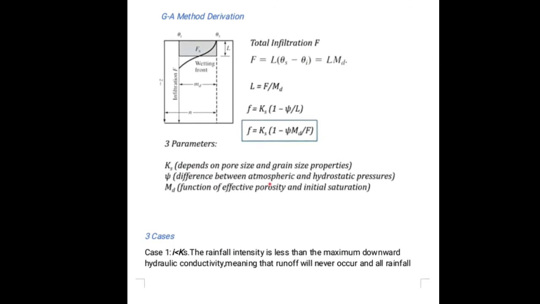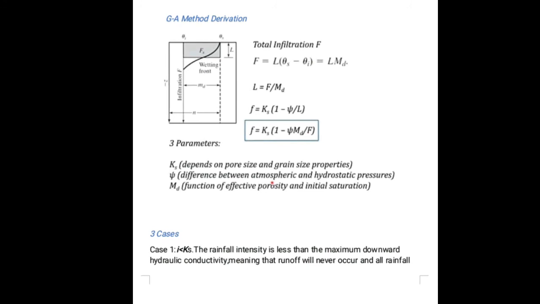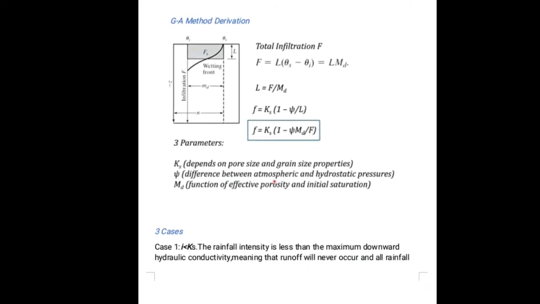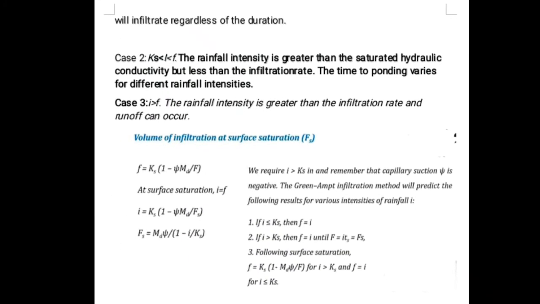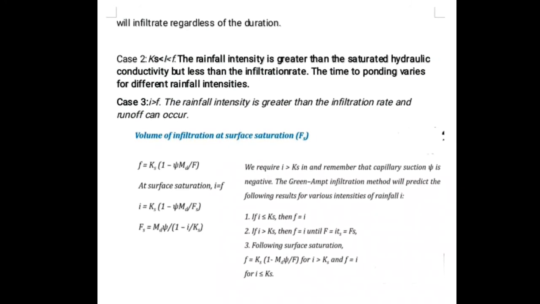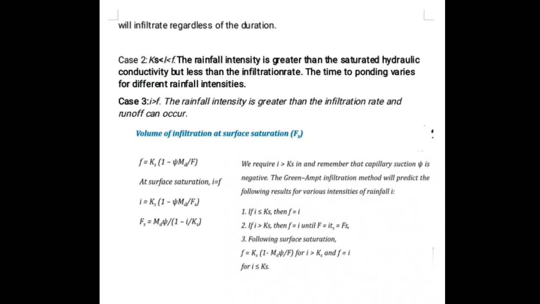Next is the difference between the atmosphere and hydrostatic pressure. Delta theta is a function of effective porosity and initial saturation. Tapos ito po yung volume of infiltration at surface saturation. We require greater capillary suction.